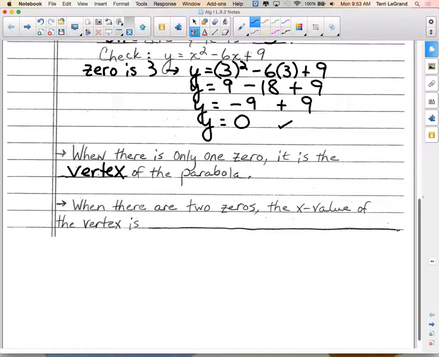How many points are on number 2? How many points are on that parabola? 7. Okay. Now we used 7 points to graph it. How many points are there really on that parabola?